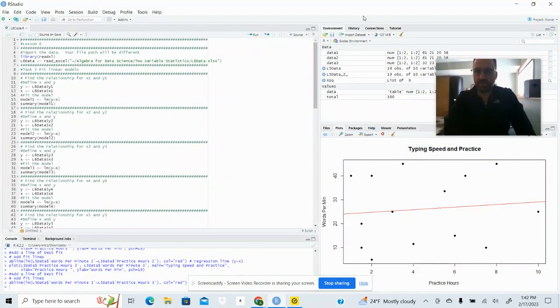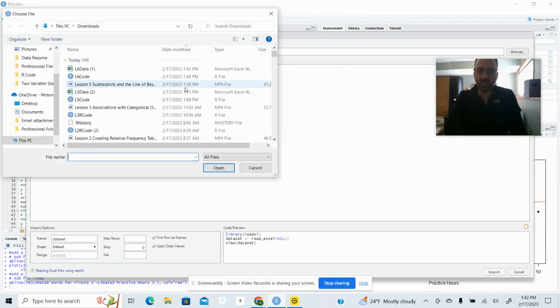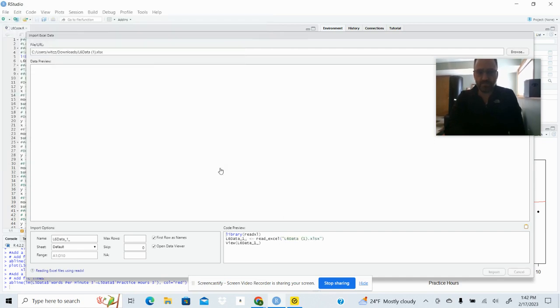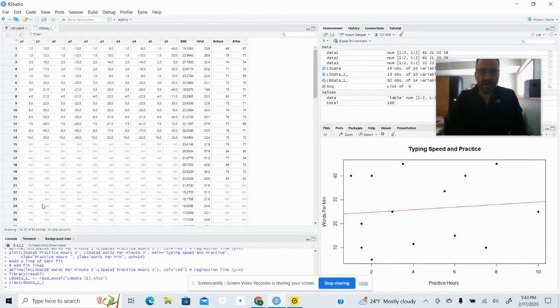So here's the R file. What I need to do though is import my lesson 6 data. So I go from Excel, browse, pick my download here. Then I'm going to import that. Now, one thing that I noticed is it calls it L6_data_1.